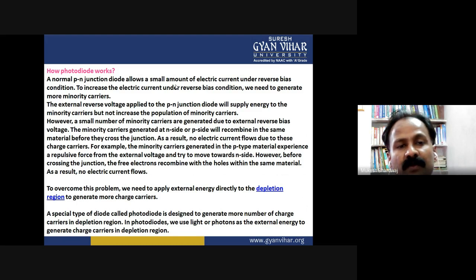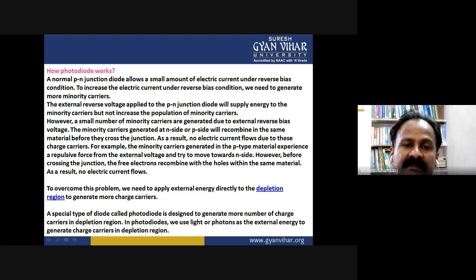How photodiode works? A normal PN junction diode allows a small amount of electric current under reverse bias condition. To increase the electric current under reverse bias condition, we need to generate more minority carriers.